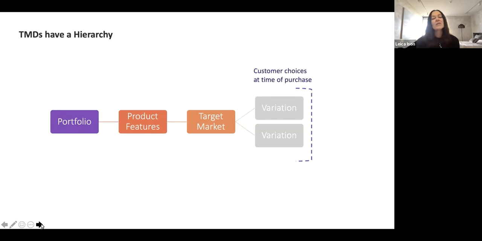And these variations, I like to think about them as customer choices at the time of purchase. So we know for these variations that they don't require a separate target market determination, but they're obviously an important part of the definition and listing out your target market determinations.